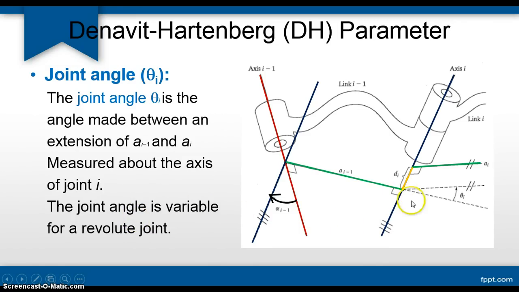So we have link length a i minus 1, which is extended here, and another link length a i, which is extended here. The measure of the angle between these two link lengths, measured about this particular axis i, will be the joint angle.